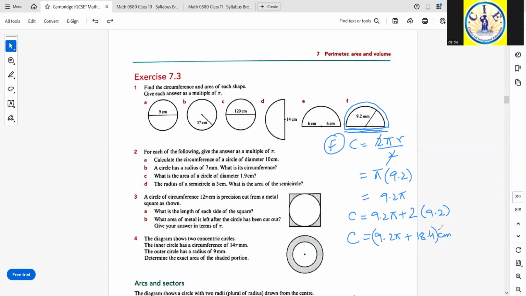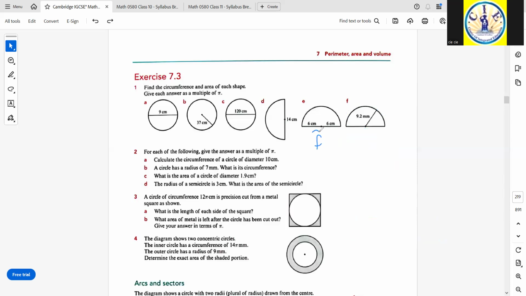And now for the area, pi r squared whole divided by 2. Pi as it is, radius is 9.2 and its square, and whole divided by 2. So simplifying it, I get 84.64 pi divided by 2, and the answer is to be given in centimeter squares.